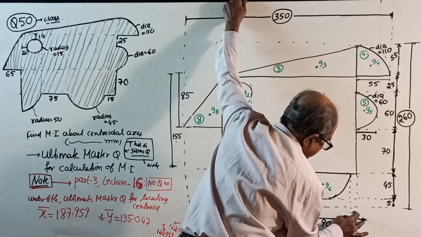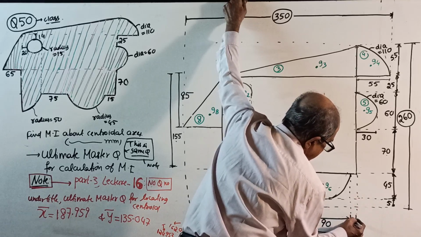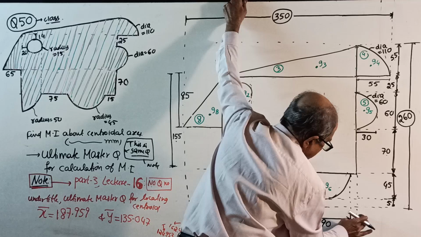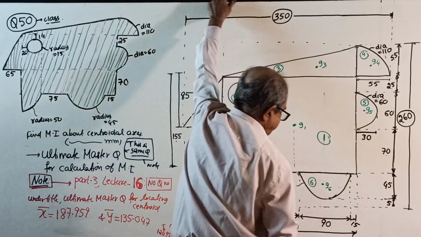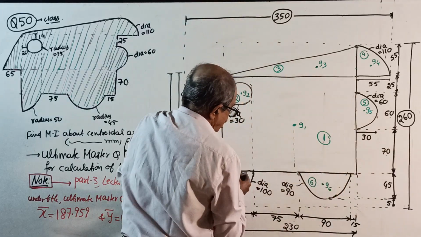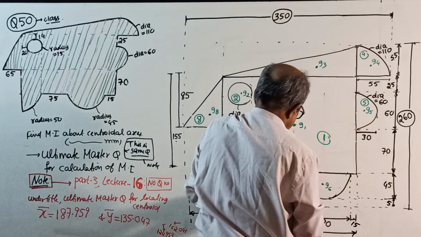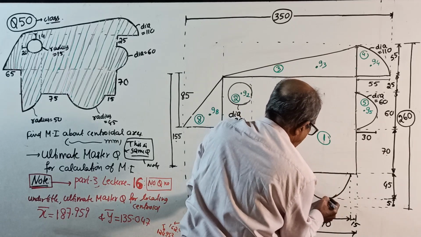This is 90. This offset is 15. There is no place to write there, so I'll write it here. Now the centroid will slightly shift to this side because I changed it. Centroid G6 will slightly come here. No problem.